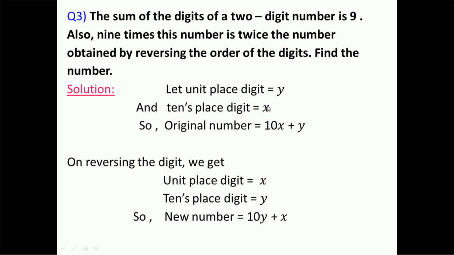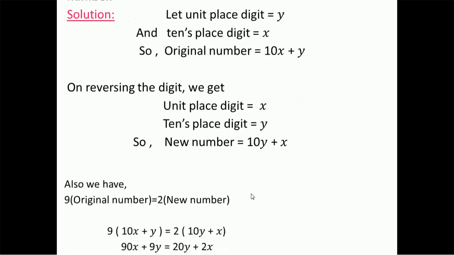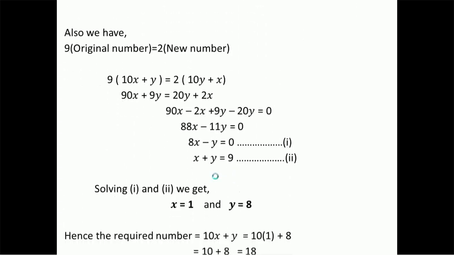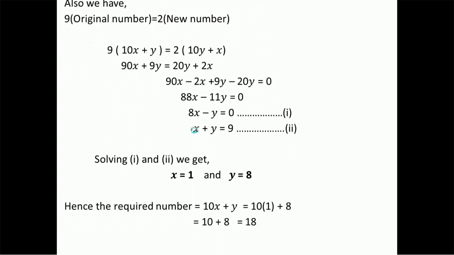From this statement we get a new equation: the addition of the 2 digits is 9, so x plus y is equal to 9. So we got these two equations now: 8x minus y equal to 0 and x plus y is equal to 9.